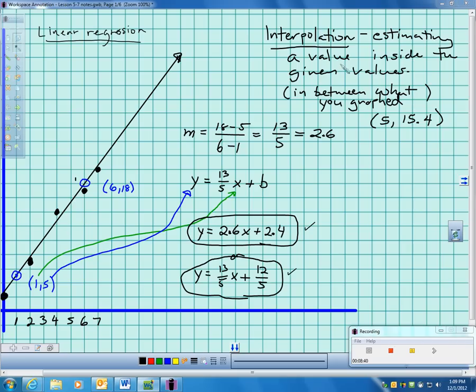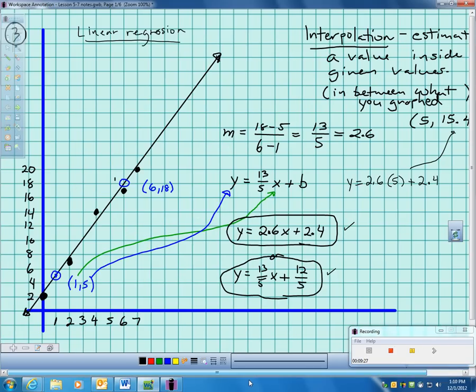All you have to do to find the value of y when x equals 5 is take 5 and plug it in for x. So if I take 2.6 times the 5, which I'm plugging in for x, plus 2.4, that's going to give me 15.4. So plugging 5 into my equation gives me 15.4.